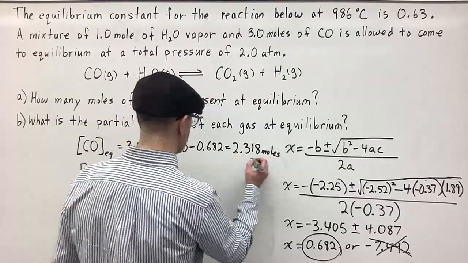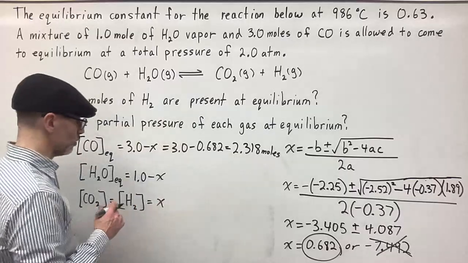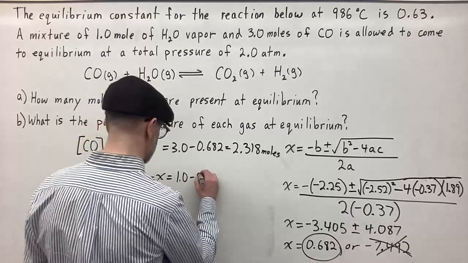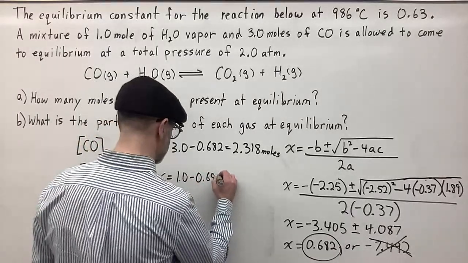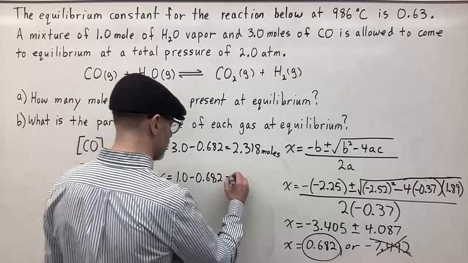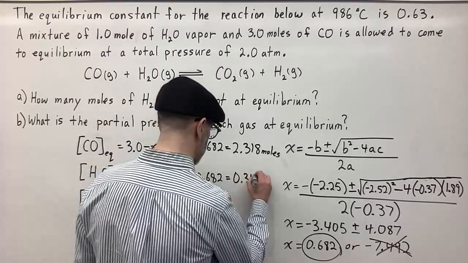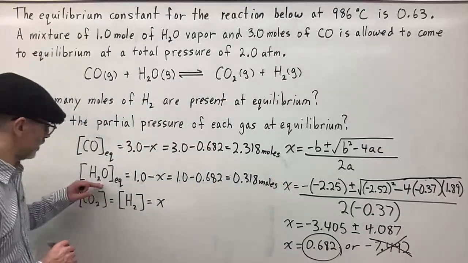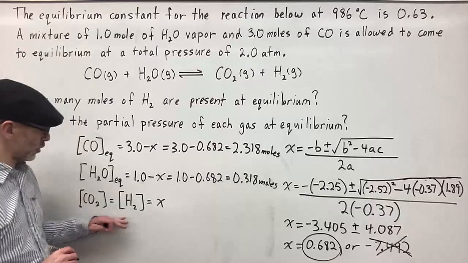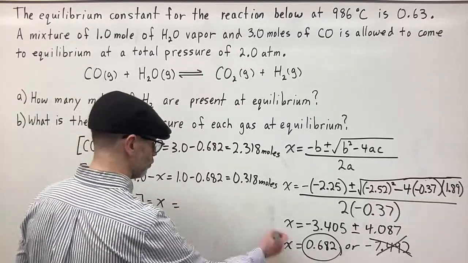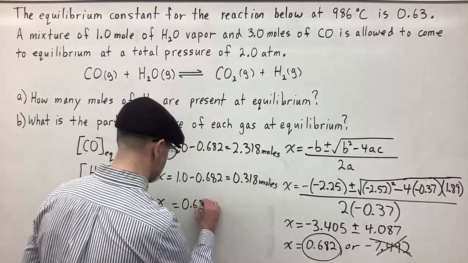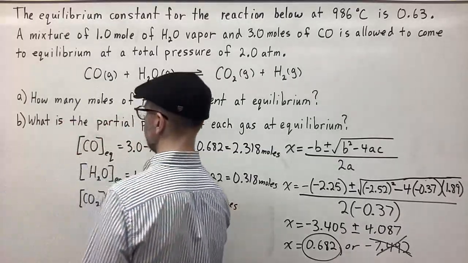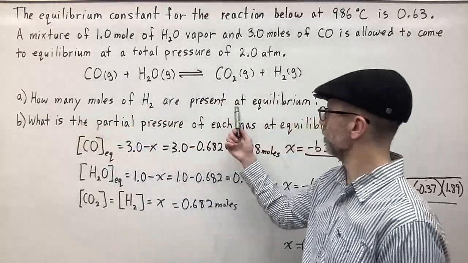So this is the number of moles of CO at equilibrium, and we do the same thing here, 1.0 minus 0.682, and that's going to be equal to 0.318 moles of the water vapor, and then both of these are equal to x, which of course is equal to 0.682 moles.